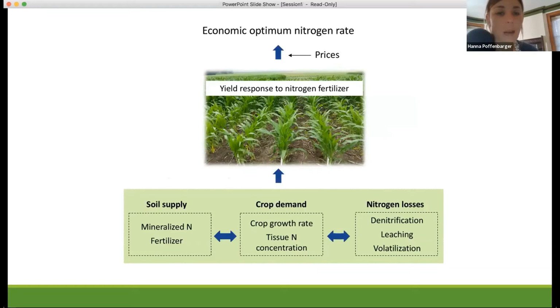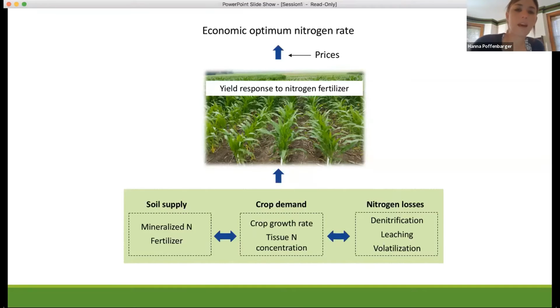So this project, our common experiment one, is looking at the optimum nitrogen rate, how it's impacted by cover crops, and the variability in that, and how that variability is impacted by cover crops. That economic optimum nitrogen rate is driven by the yield response of the crop to nitrogen fertilizer inputs, and also the price of the crop and the nitrogen fertilizer.